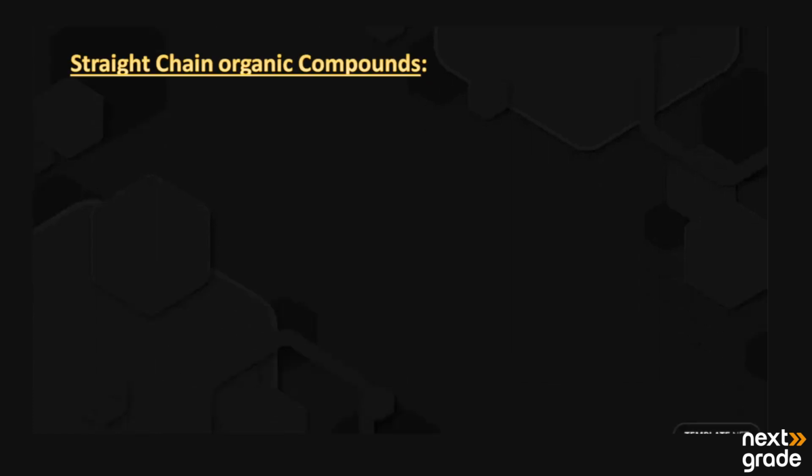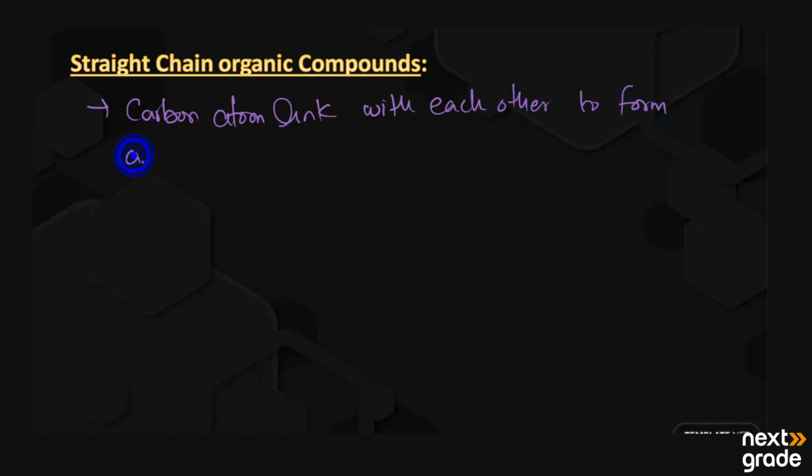So by definition, the straight chain organic compounds are the compounds in which the carbon atoms link with each other to form a straight chain.